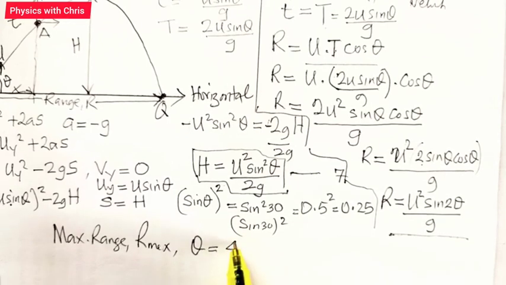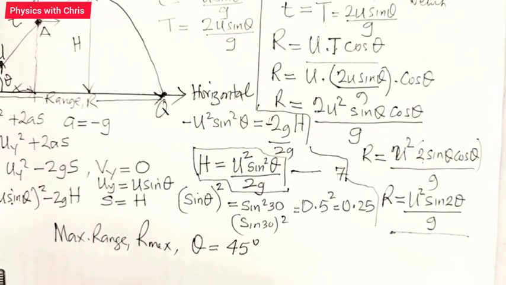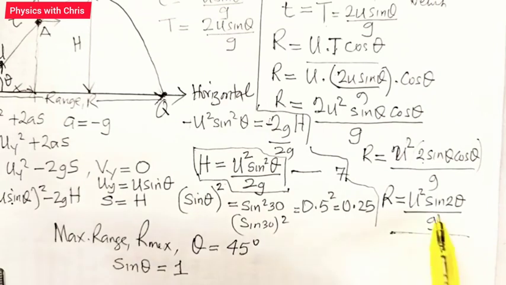And why is this so? Again, the highest value of the sine of any angle, if you check your four-figure table, is 1. So for maximum range, we need this sin 2 theta to become 1.